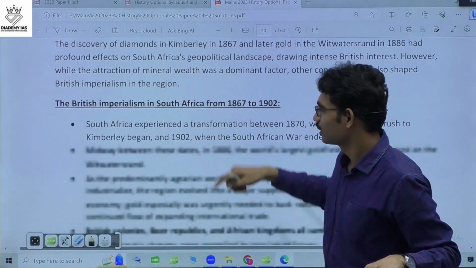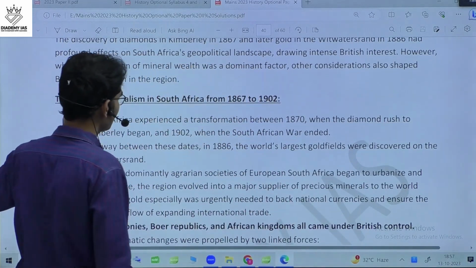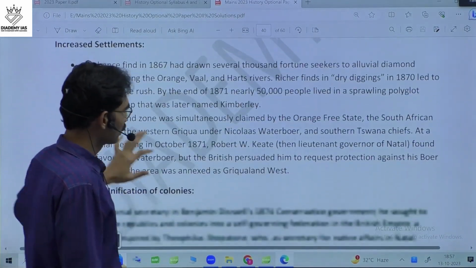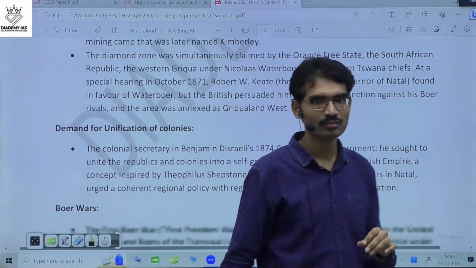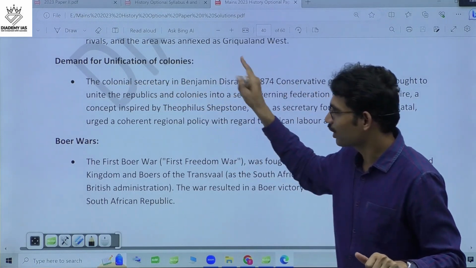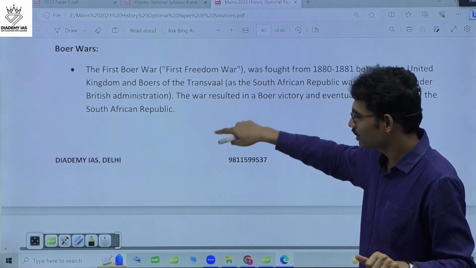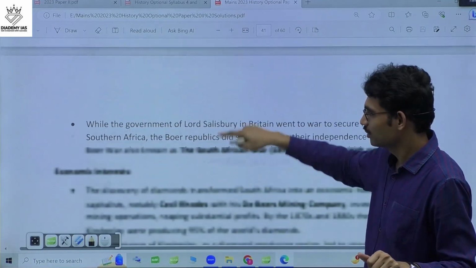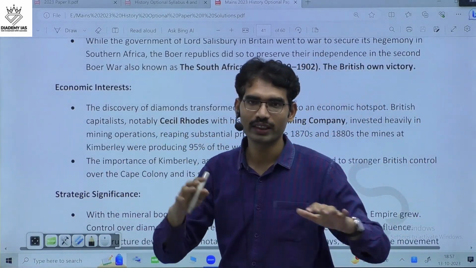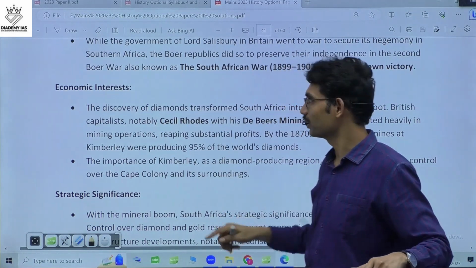Just highlight various developments from 1867 onwards. Increased settlements, diamonds discovery, demand for unification of the colonies, then Boer wars, and all these factors made the British consolidate their territories in South Africa.